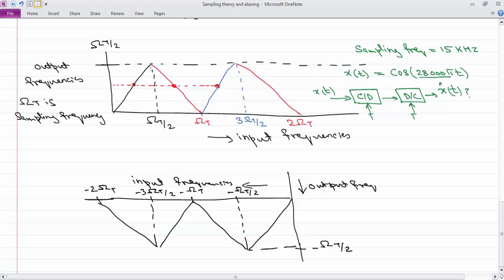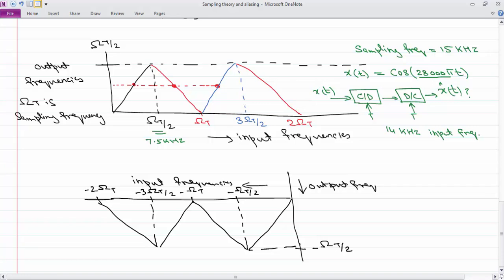So the frequency of my input signal, the input frequency, is 14 kilohertz. Which means that we will have aliasing, because this region is 7.5 kilohertz. So we have no aliasing up to 7.5 kilohertz. So we'll have aliasing.